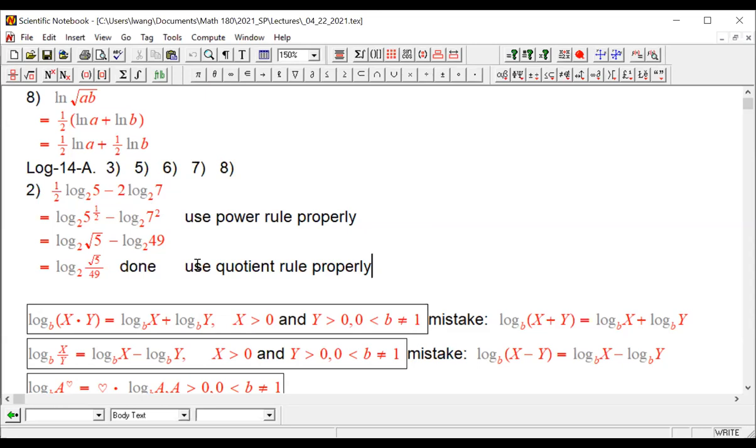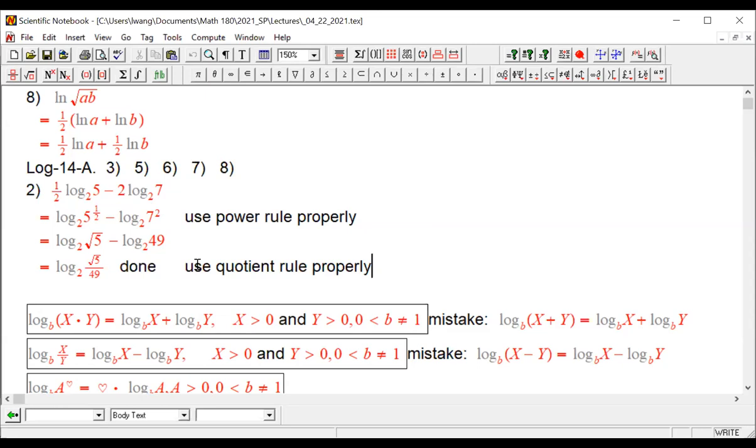I have a question about number 3. Number 3, yes. So for that second log, when you put the 3 as the exponent, would you foil the x plus 1, or would you just leave it as x plus 1 to the power of 3? I would leave it. I would not foil it.